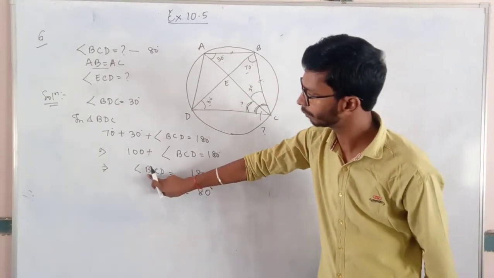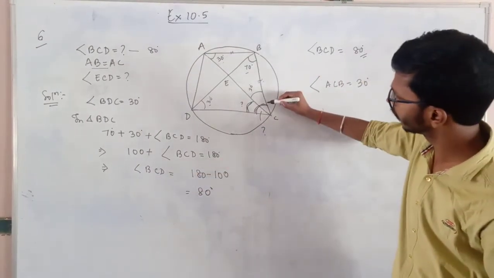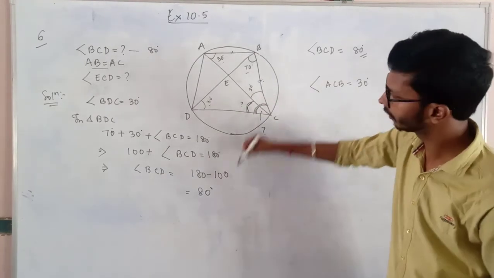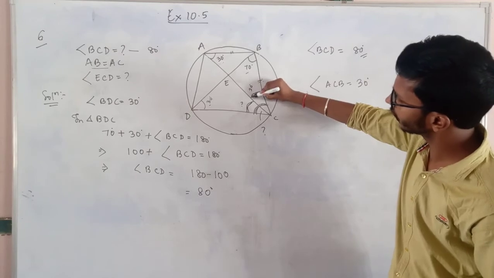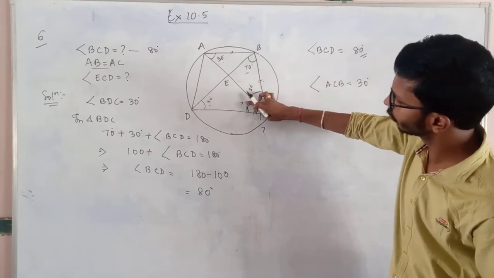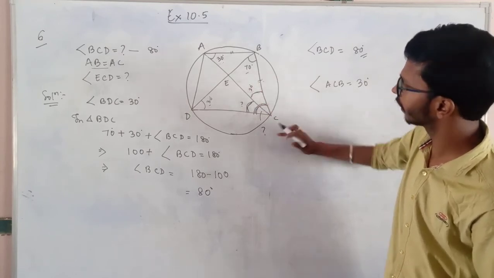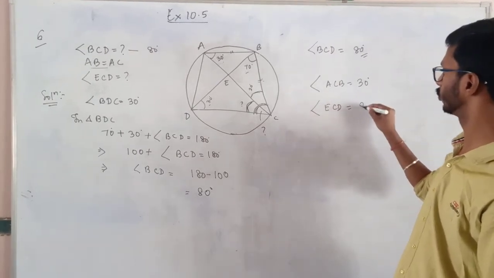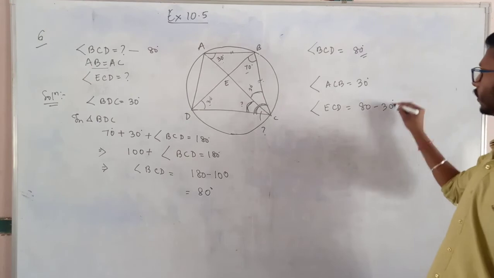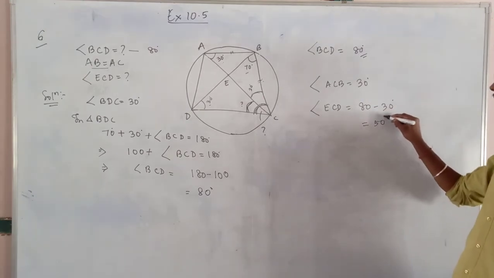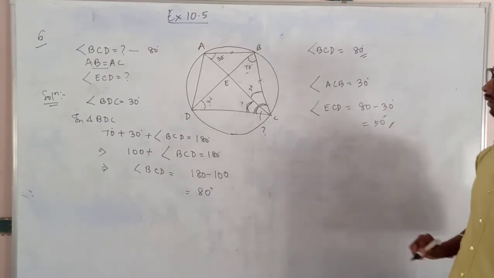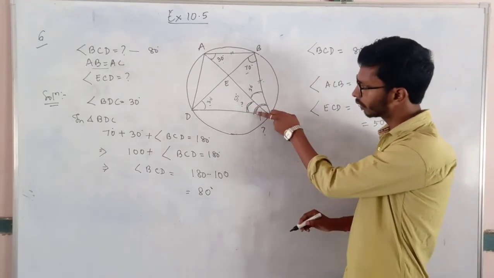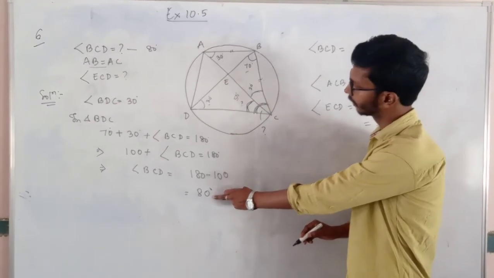Just now we got BCD. That means this complete angle is 80. This angle is 30, so this angle should be 80 minus 30. So angle ECD should be 80 minus 30, so you should get 50 degrees. See, the total angle is 80 degrees.